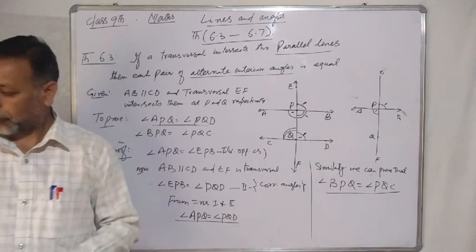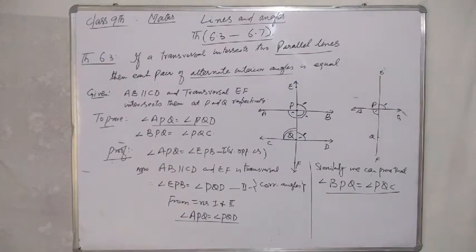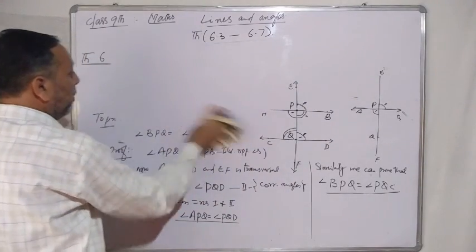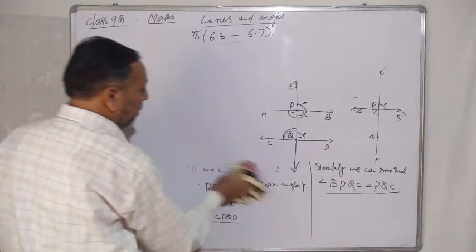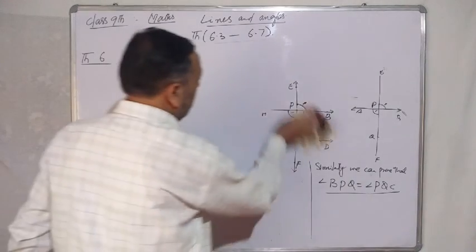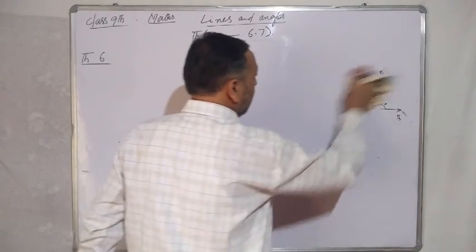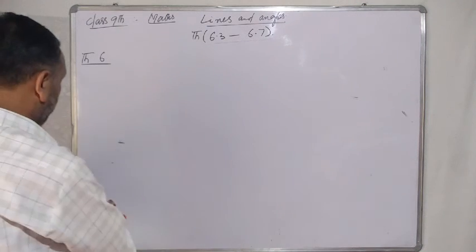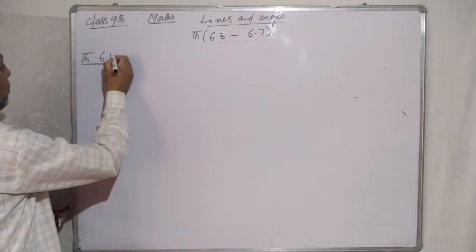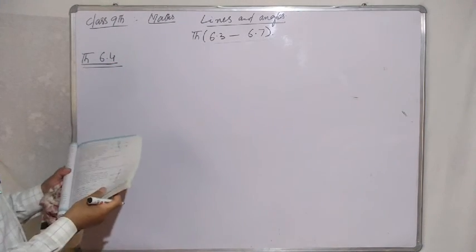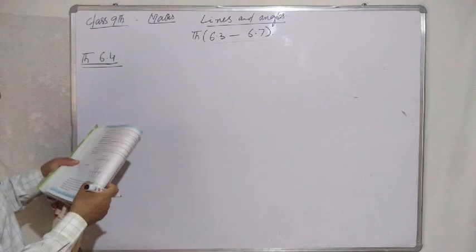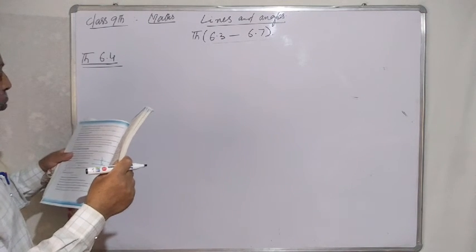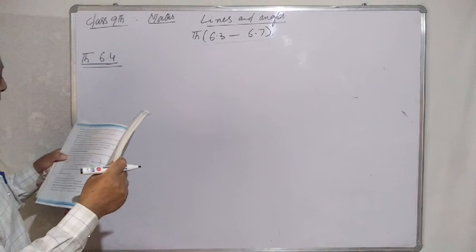Let's move to theorem 6.4. If a transversal intersects two lines such that a pair of alternate interior angles is equal, then the lines are parallel.